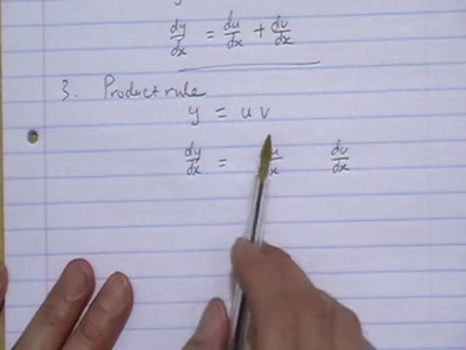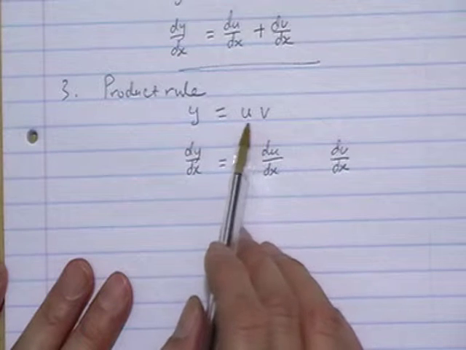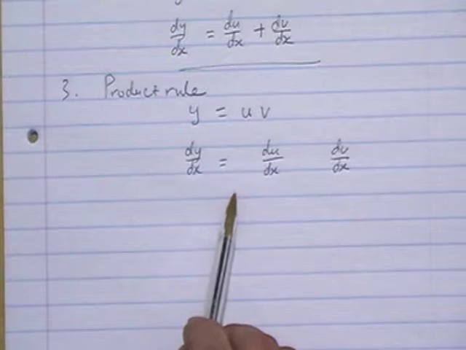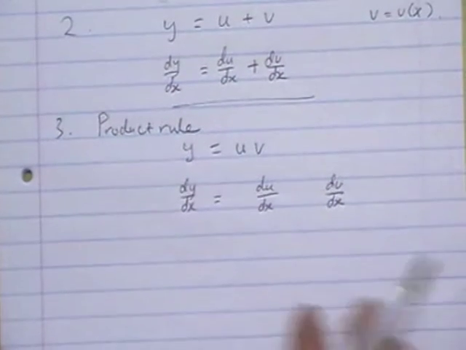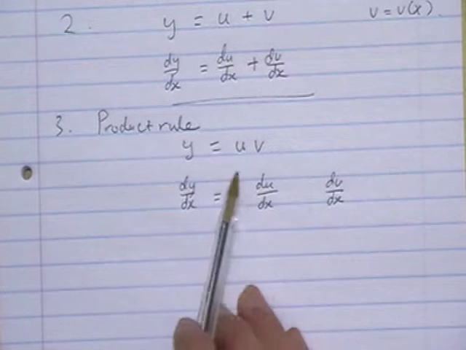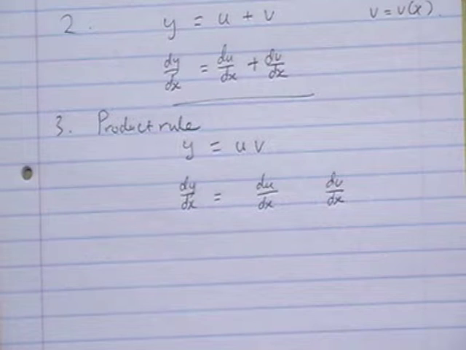So is there a simple way to find the result for differentiating the product? A simplistic guess might be to take inspiration from here and say that maybe I can differentiate them separately and then multiply them. Well, unfortunately, that does not work.